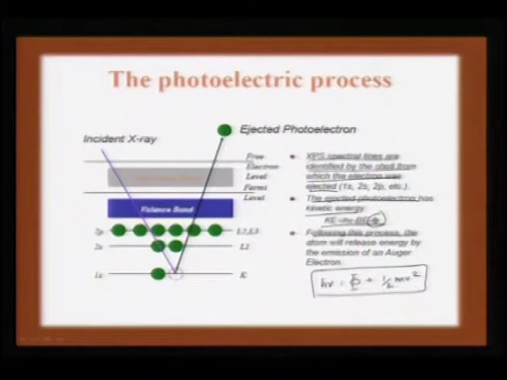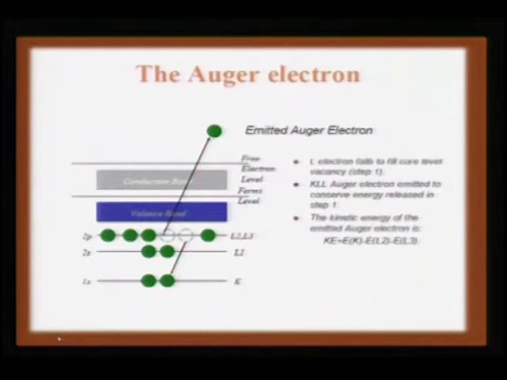Following this process, the atom will release energy by emission of an Auger electron. Here is where the Auger electron comes into the picture. The L electron falls to fill the vacancy, which is step 1. Once the photoelectron is ejected from here, one of the L2 or L3 electrons will come and fill this place, and to conserve energy one of the other electrons will be emitted.